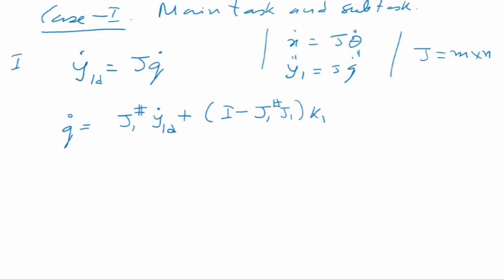So what we have done is, from this equation I want to find what is q. So q dot is equal to the pseudo inverse of j1. Okay, let's call this j1. So pseudo inverse of j1 into y1 dot is one part which we get, and this is my null space, and k1 is a constant. Okay, now in this equation there are multiple solutions which will satisfy this.